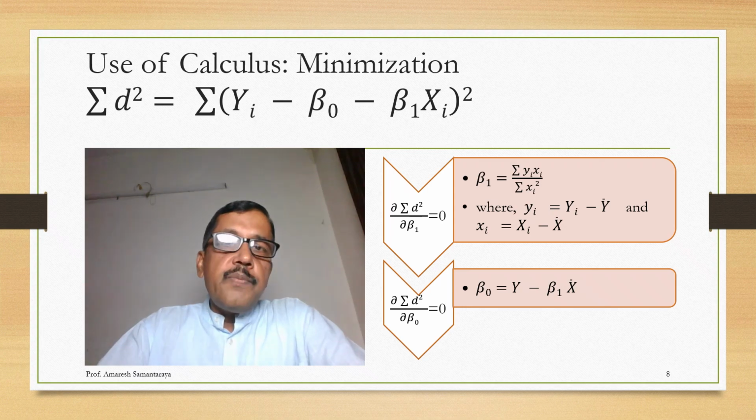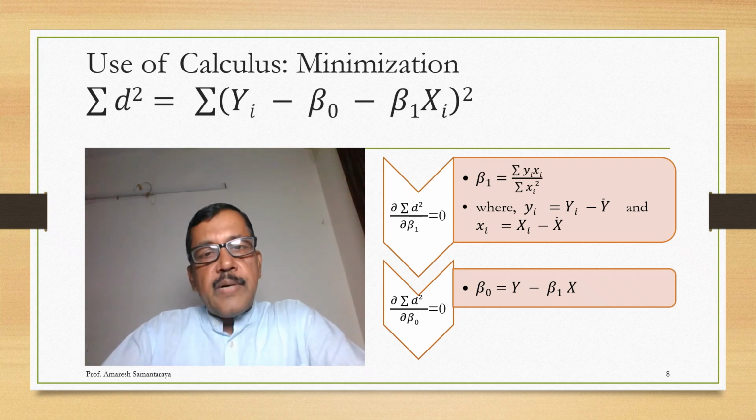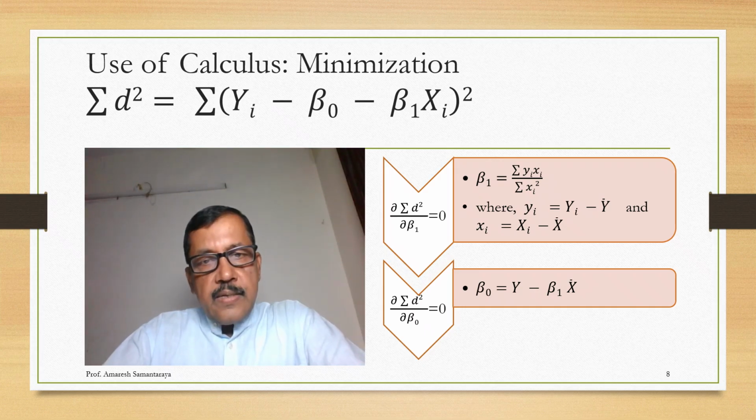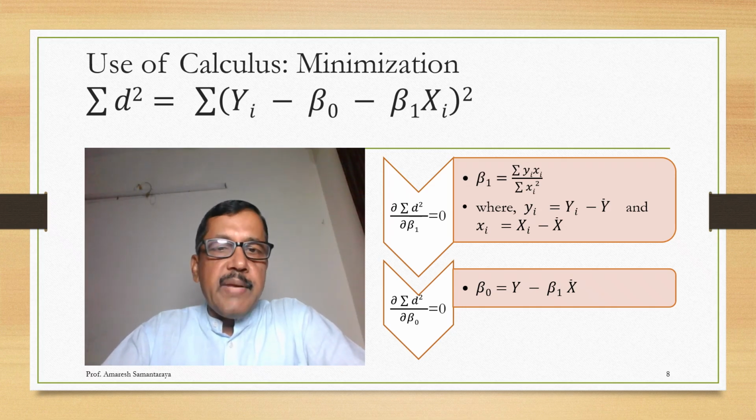So there we'll be using a mathematical method, particularly the method of calculus, to find out, among the different sums of squares corresponding to different possible lines explaining this scatter plot, which one is the minimum.